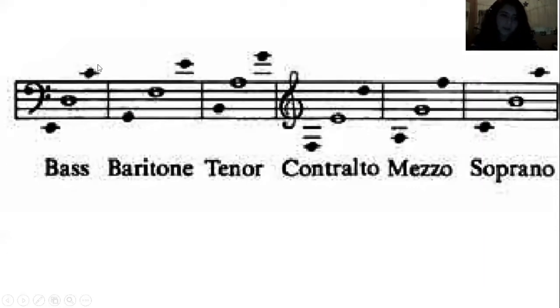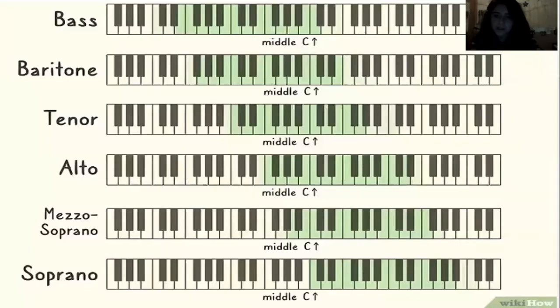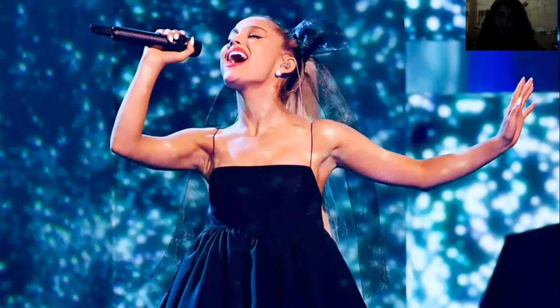This is the vocal range of the bass voice. This is the vocal range of baritone voice, tenor voice, contralto, mezzo-soprano. And we have another example here of the ranges of each type of voice. For example, Ariana Grande is soprano voice.